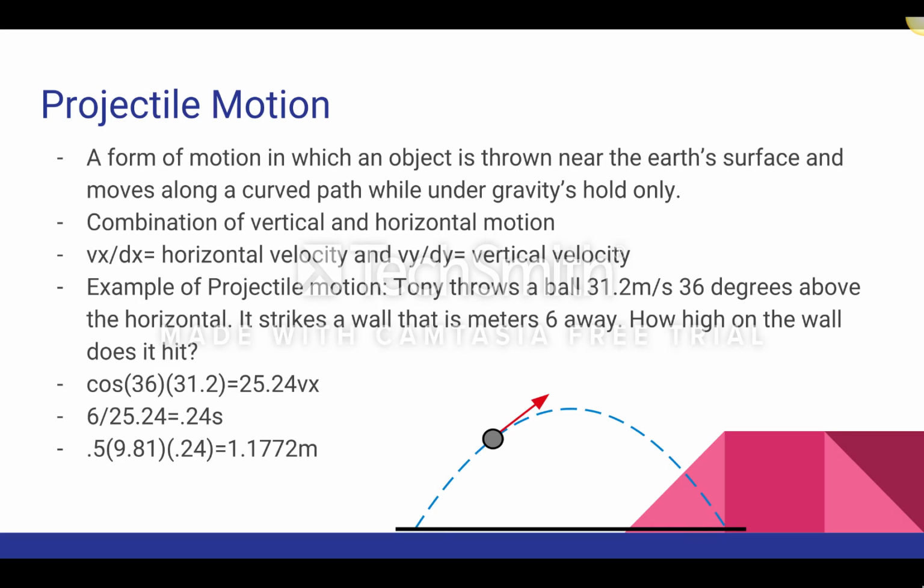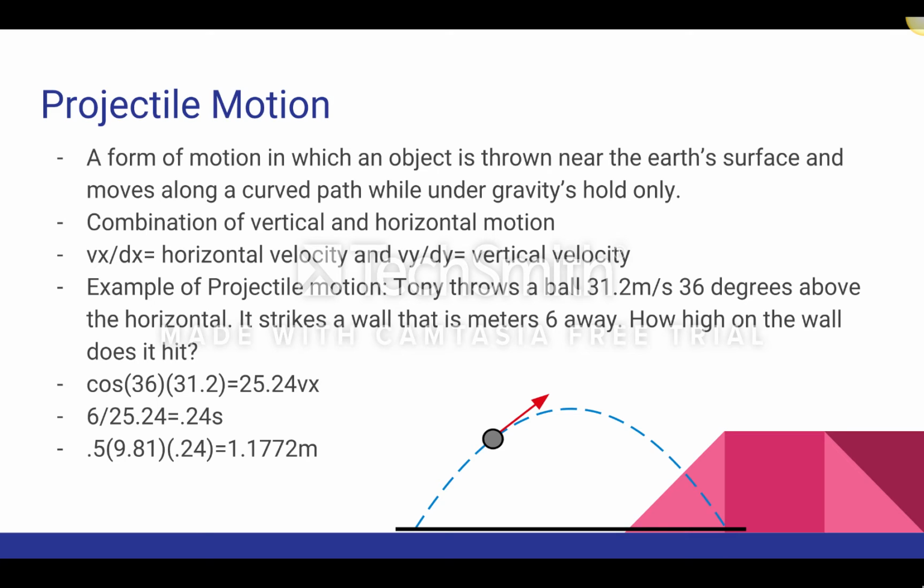First, you use cosine multiplied by 36 degrees as well as 31.2 meters per second. And that would give you 25.24 Vx, which is your horizontal velocity. Next, you would divide 6 meters by your horizontal velocity, which is 25.24, to give you your seconds, which is 0.24 seconds.